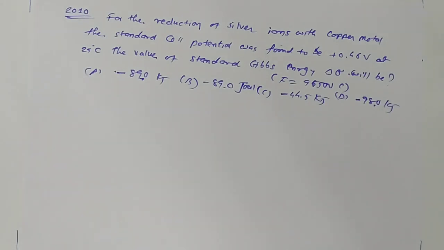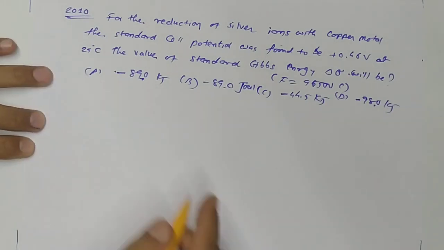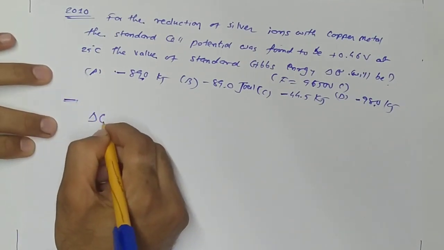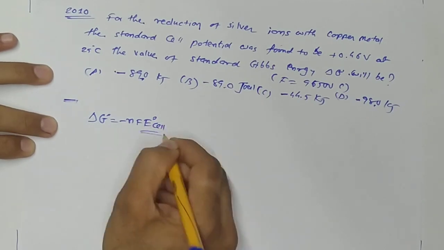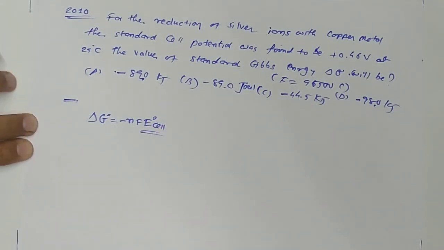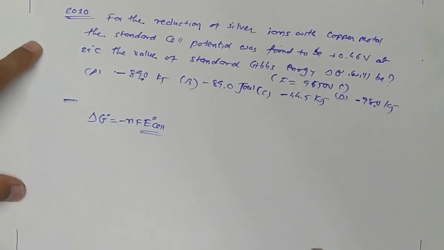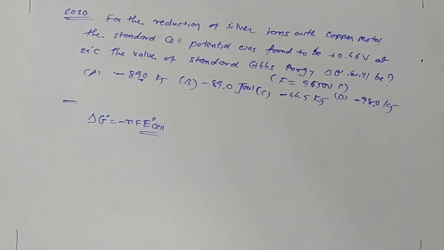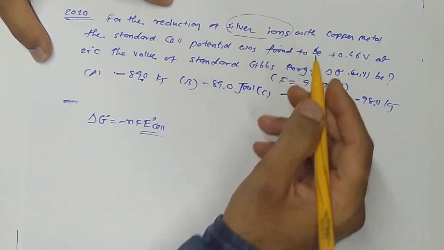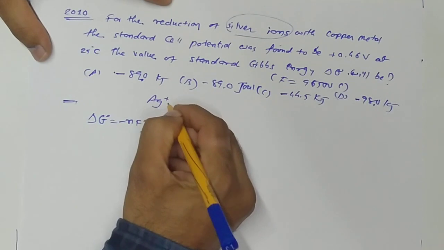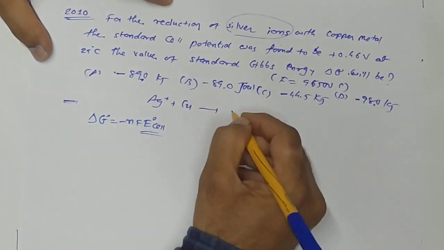Now, first of all, we have to use the formula delta G is equal to minus nFE degree cell. Before using this formula, first we have to define the value of n, the number of electrons. Here the description is given: silver ion reacting with copper.